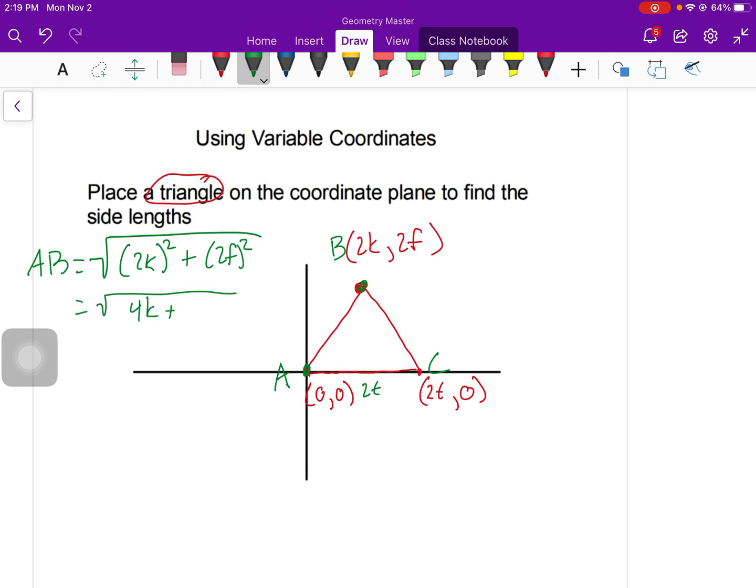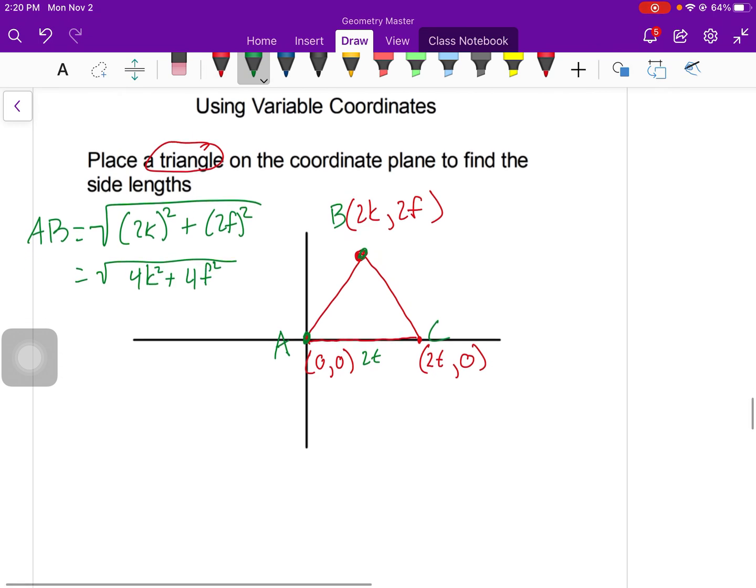So that's 4K squared plus 4F squared. That's the square root of 4 times (K squared plus F squared), and you can break that down even further to get the length of AB is 2 times the square root of K squared plus F squared.